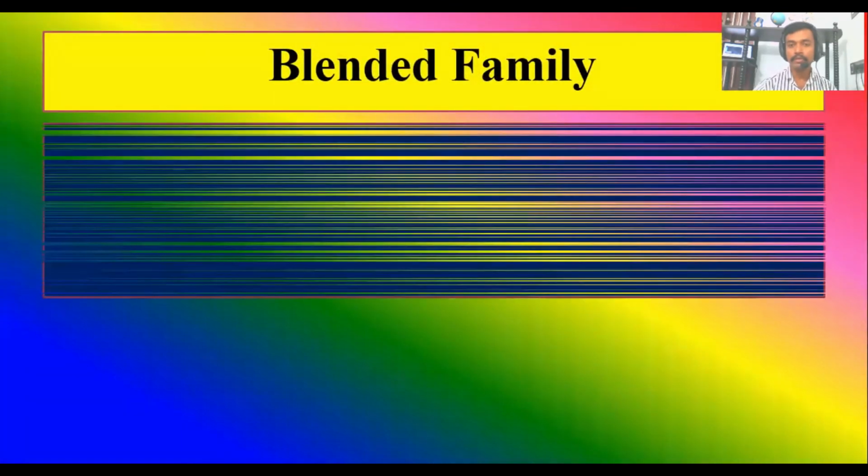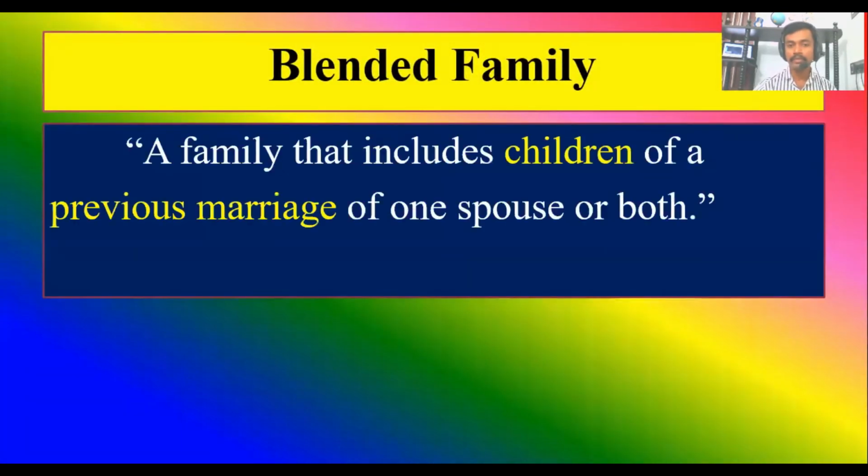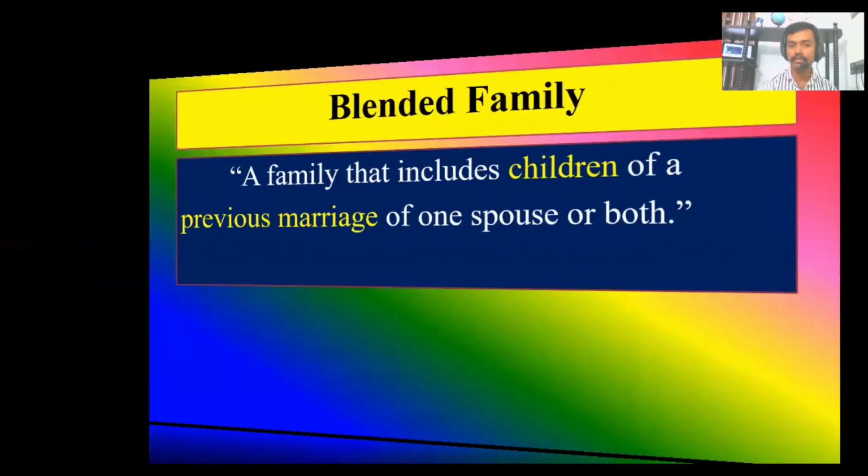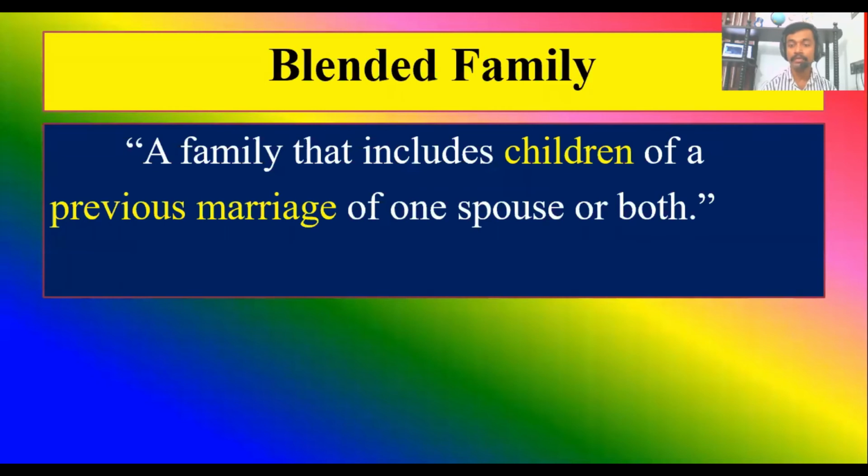Blended family. Blended means children from a previous marriage. For example, some marriages end with divorce, or sometimes the husband or wife may be missing. For any such reason, at that time, remarriage.